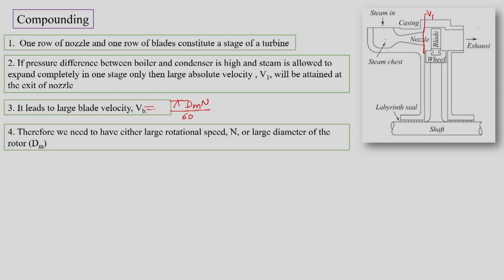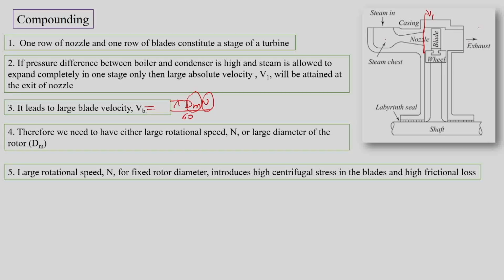So, we get very large Vb. If we are going to obtain the complete extraction through only one stage, then this Vb will be large. This large Vb can be accommodated in two ways: either we should have very large n, or we should have very large dm, which is the mean diameter of the blade.